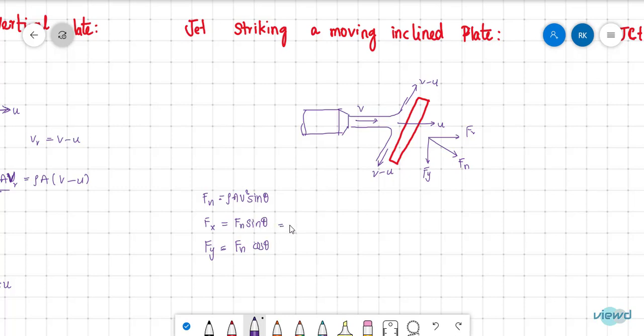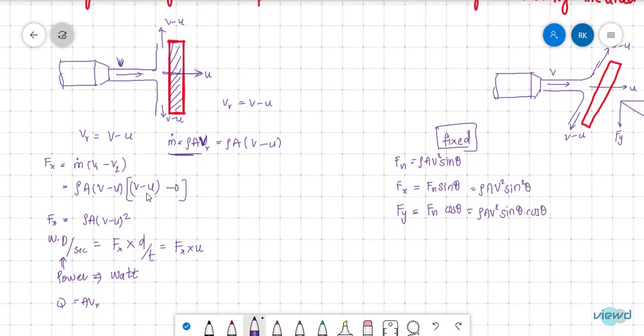So from this, rho a v square sine square theta, and here rho a v square sine theta cos theta. This was the condition for a fixed inclined plate. Now for the moving plate, what was it for the fixed plate?